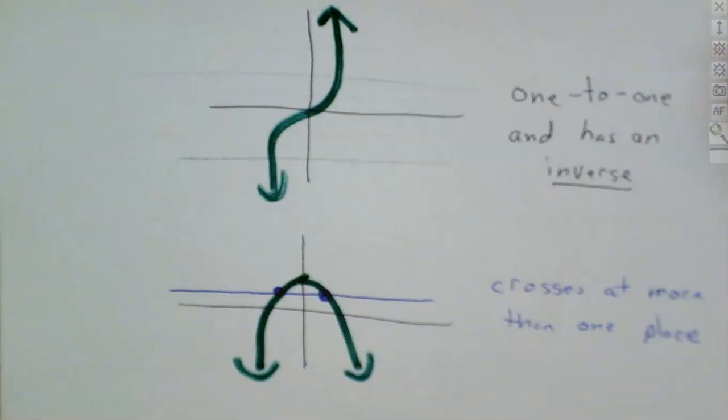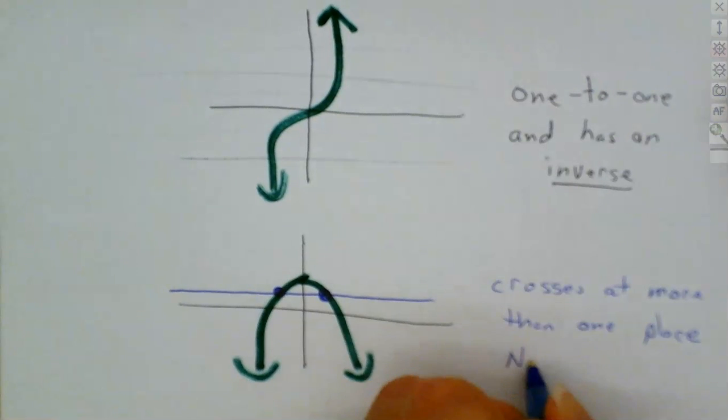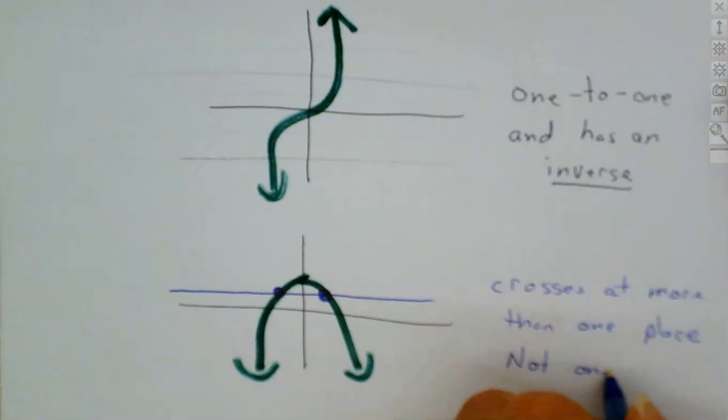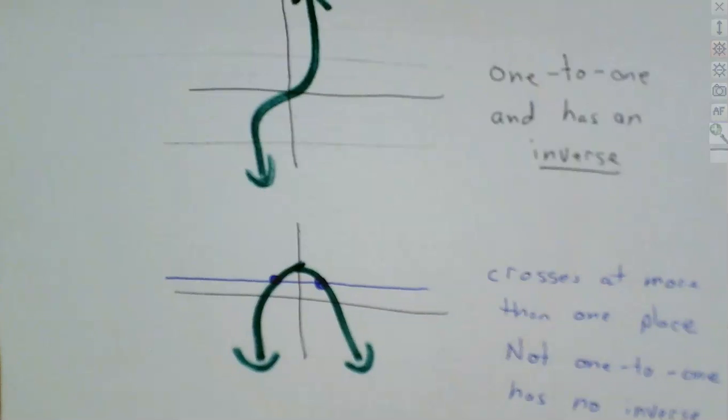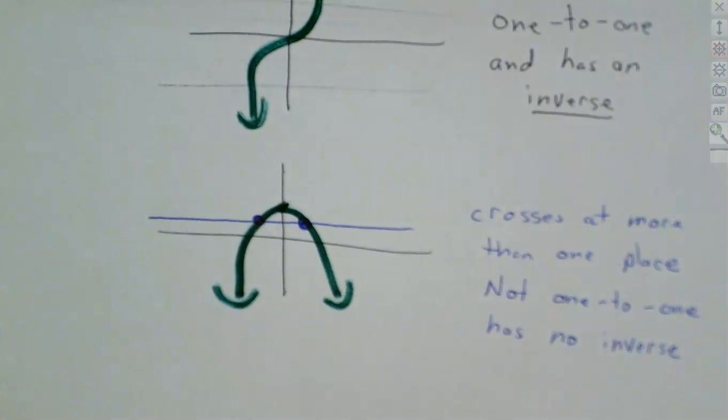So if it crosses at more than one place, it is not 1 to 1, and it has no inverse. So that one does not have an inverse because it fails the horizontal line test.